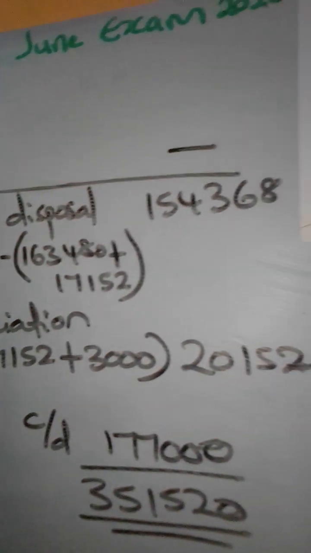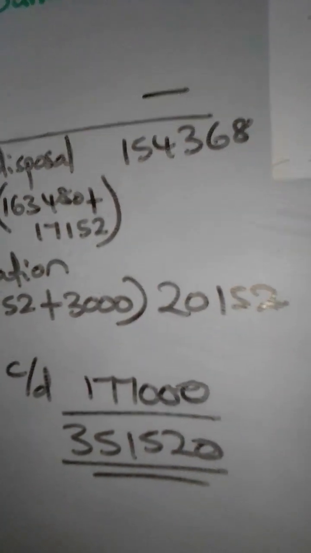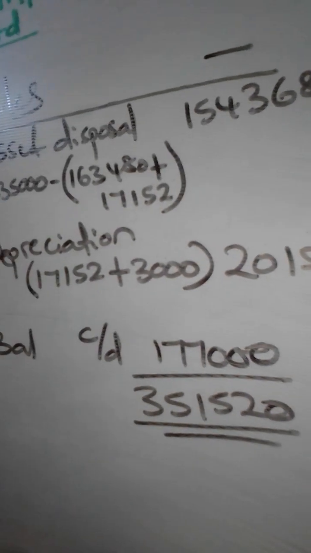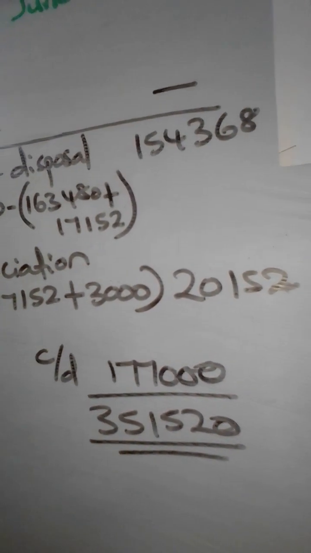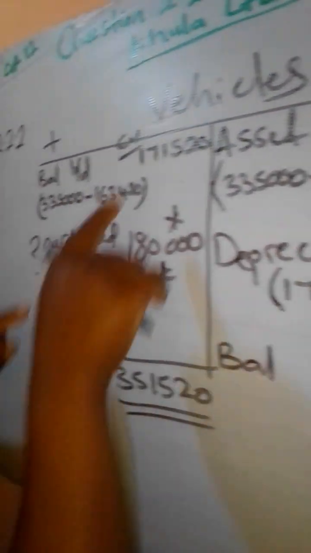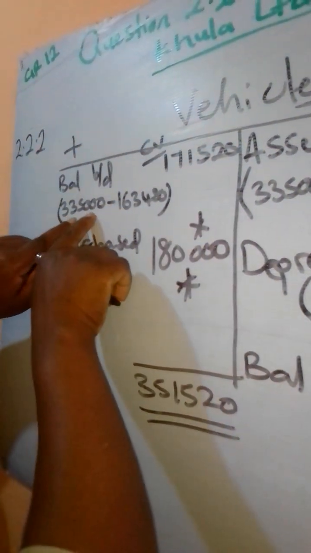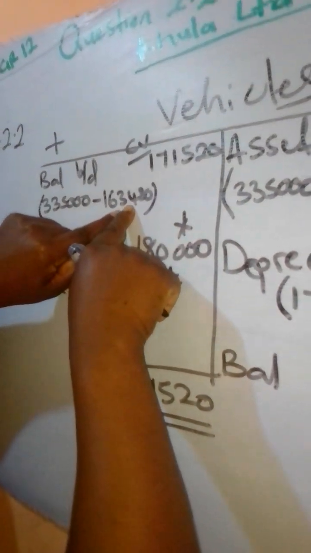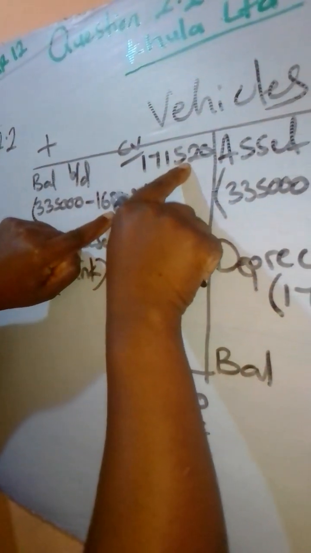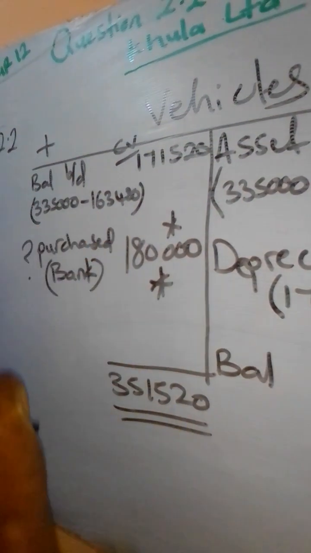So the other method that you can also use, according to the answer book that is given, the first thing that you were supposed to calculate was the book value. The book value is this one that I've calculated. You were simply supposed to say 335,000 minus the accumulated depreciation. You get the carrying value here. Okay, that was the first thing that you were supposed to do.